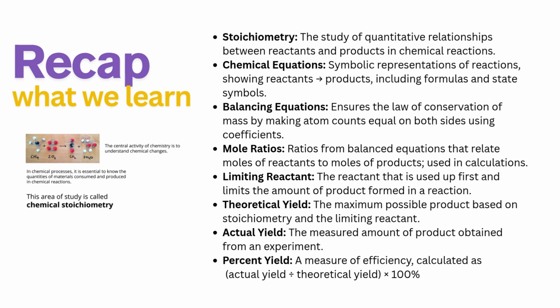We saw how to identify it, either by calculating product from each reactant or the mole-coefficient trick. And how the limiting reactant dictates the theoretical yield, the maximum possible product. Finally, comparing the actual yield, what you really get, to the theoretical yield gives the percent yield, measuring efficiency.